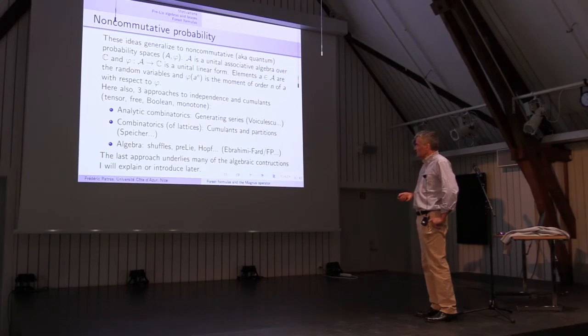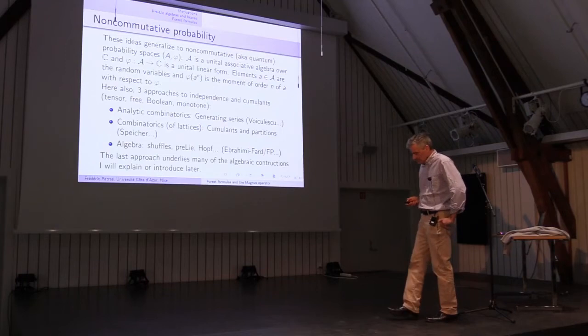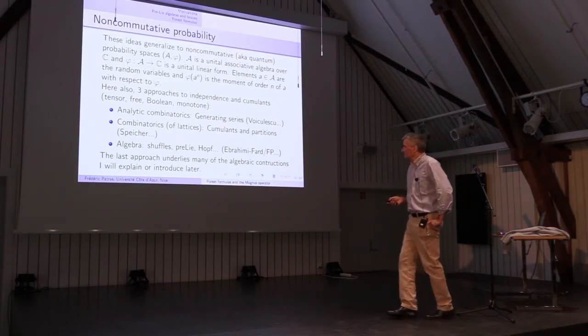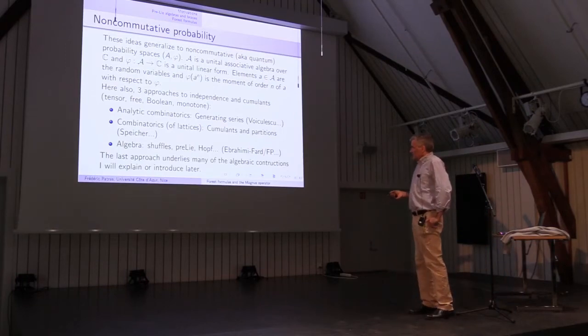There's a second point of view that reflects the second, implicit definition I gave of cumulants, which relies on the combinatorics of certain lattices, and this was developed by Speicher and then other people. And there's a third approach, which is purely algebraic, which is closely related to the notion of shuffles whose appearance I recalled in the classical case.